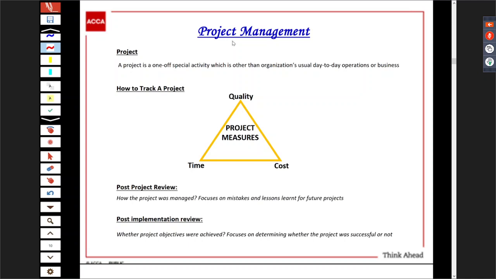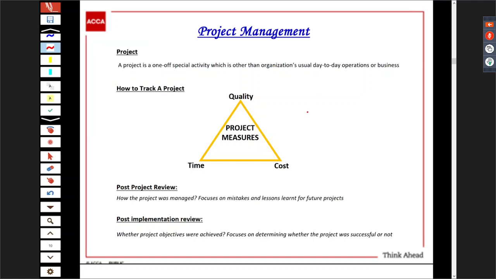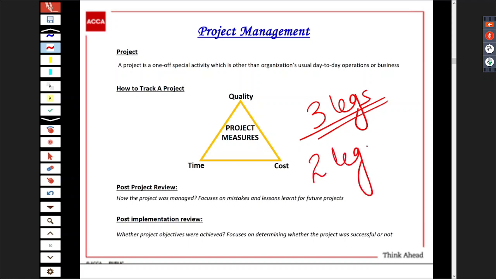Now, each and every project has how many legs? All projects basically have three legs. I've seen two-legged animals or human beings. Have you seen two-legged human beings? Yes. I have seen two-legged animals as well, like monkeys.